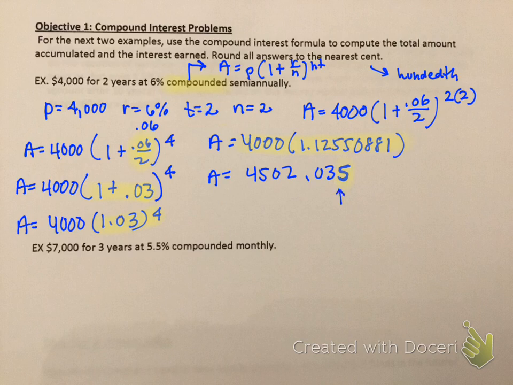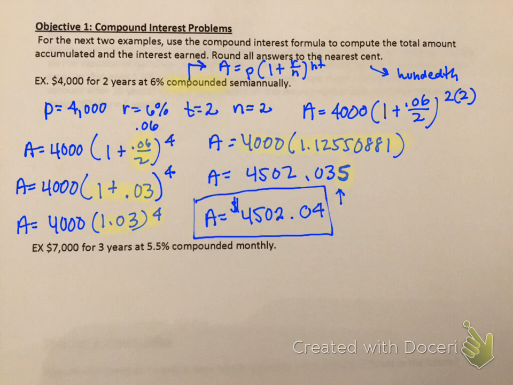Or maybe not round it, it just depends what the value is. So in this case, the value is a 5, so I know I have to round the digit in front of it up. So instead of 0.03, it's 0.04. We're talking about money. So we have $4,502.04.